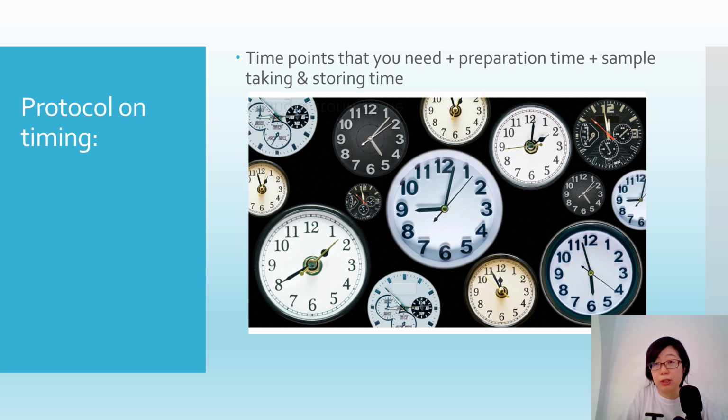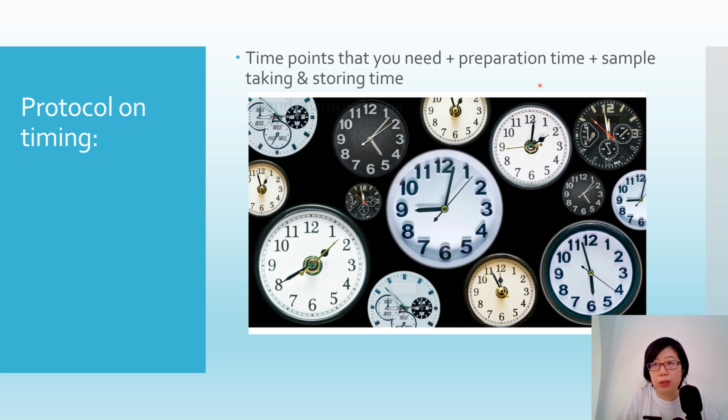And also the preparation time, because bear in mind we don't really have so many people. For example, there's 12 people, you might just have 4 phlebotomists. So one person who draws the blood has to do it for multiple people, but you need to make sure that the time is sufficient for the person to run around, to store the samples and so on.